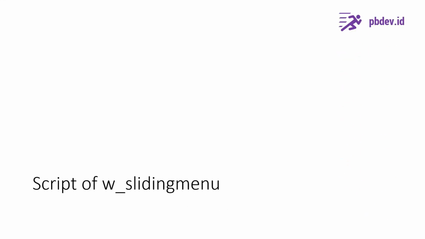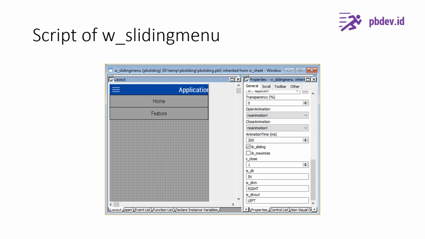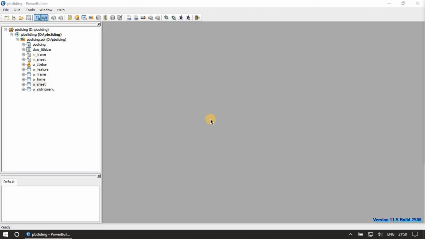Next, we will put the script on the W sliding menu that we have created before. Let's start by editing the W sliding menu.